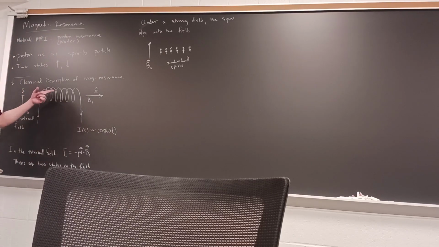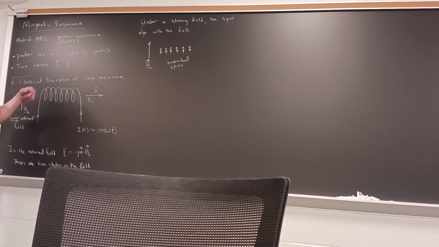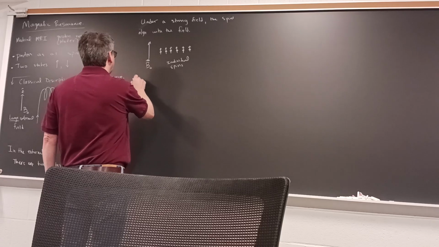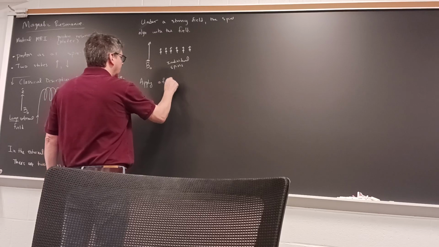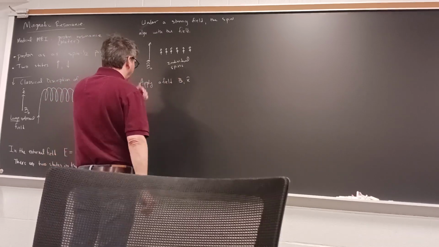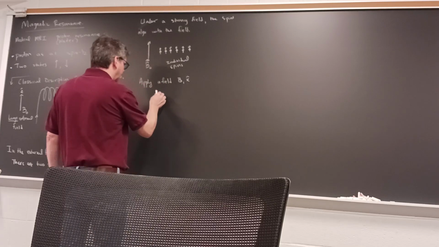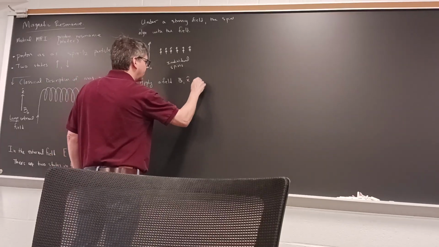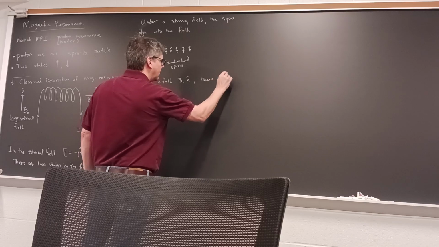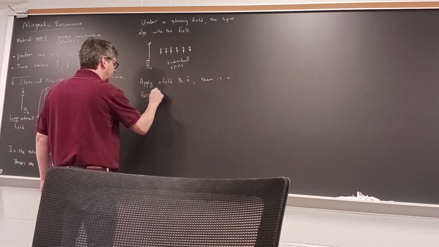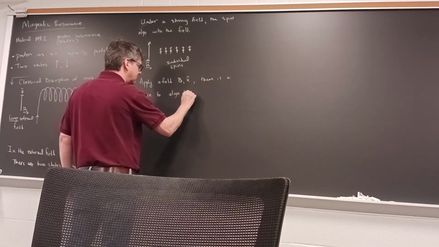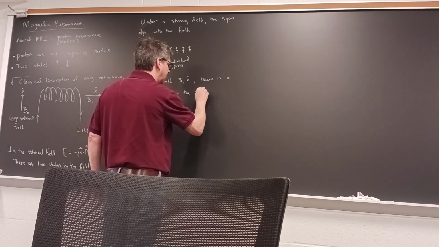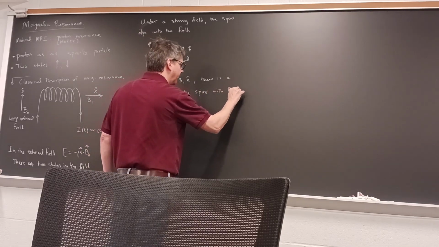But now, what happens when we put on this field B1 in the x direction? So next we apply a field B1 x hat. And so there's a force to align the spins with B1 x hat.